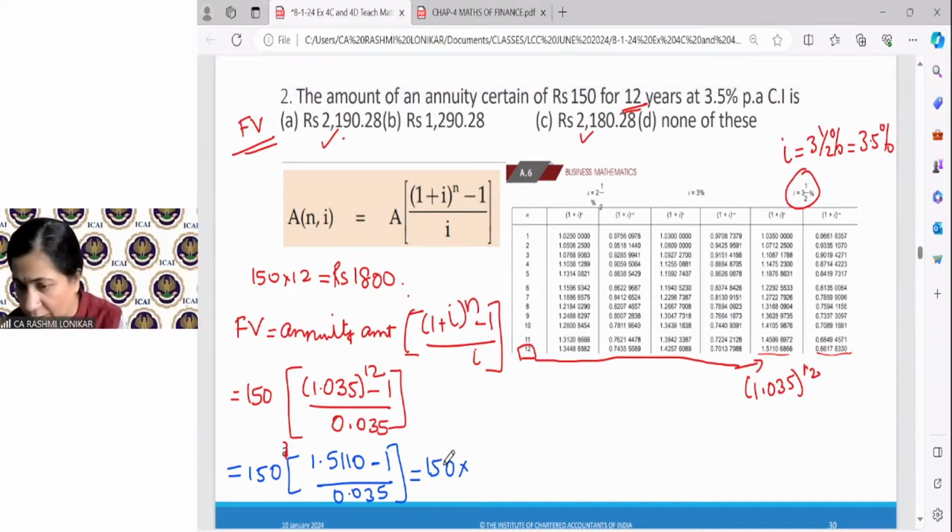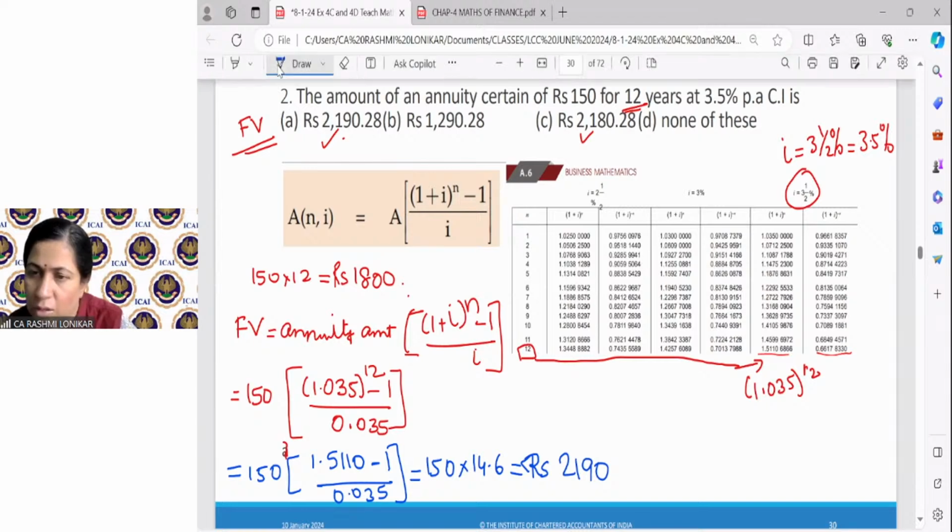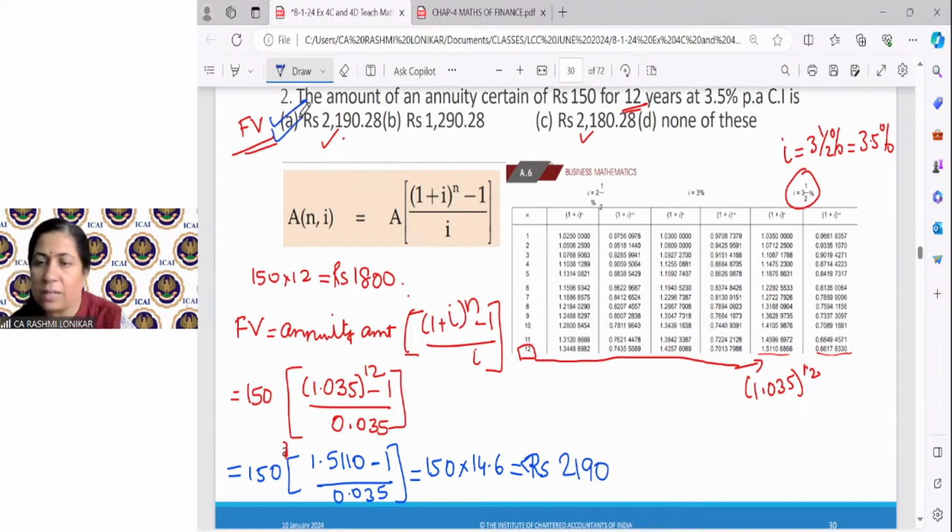How much is that bracket? 0.5110 divided by 0.035. It is 14.6, into 150 the answer is rupees 2190. So my A will be my correct answer.